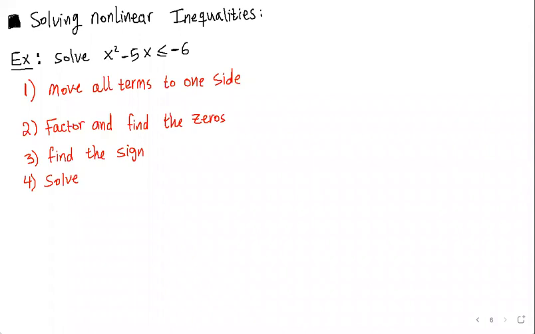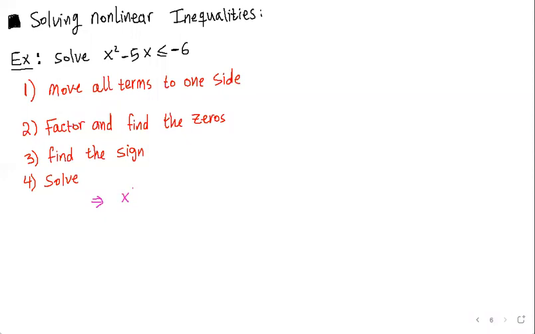Move all terms to one side. How can we move everything to one side here? We can move the 6, which is easier, so we add 6 to both sides.